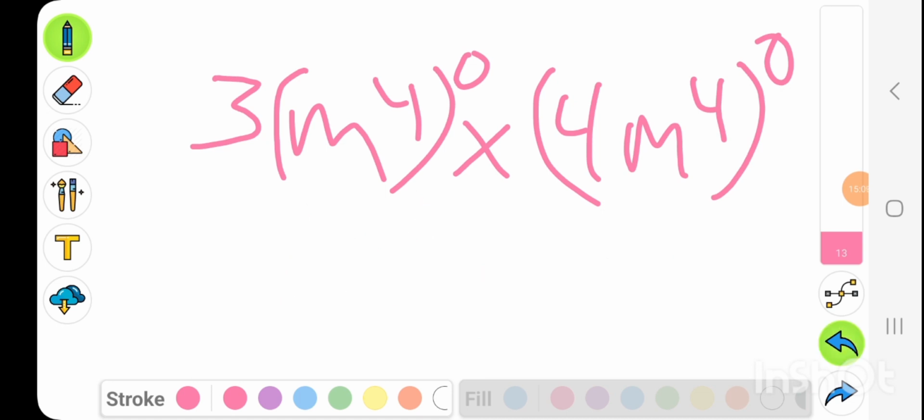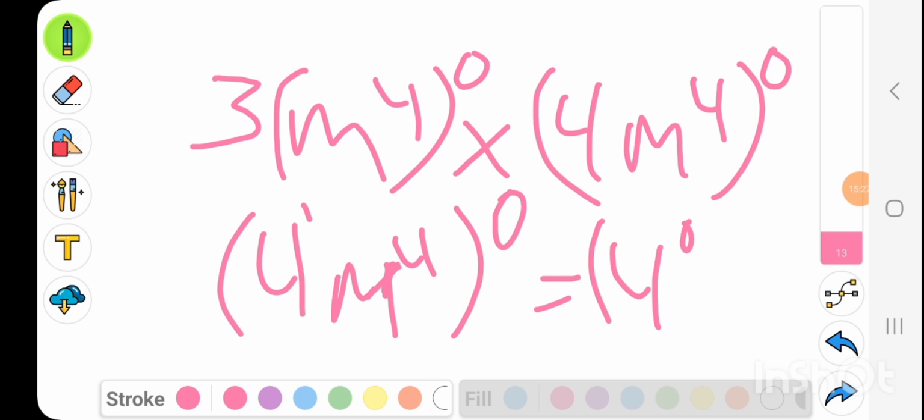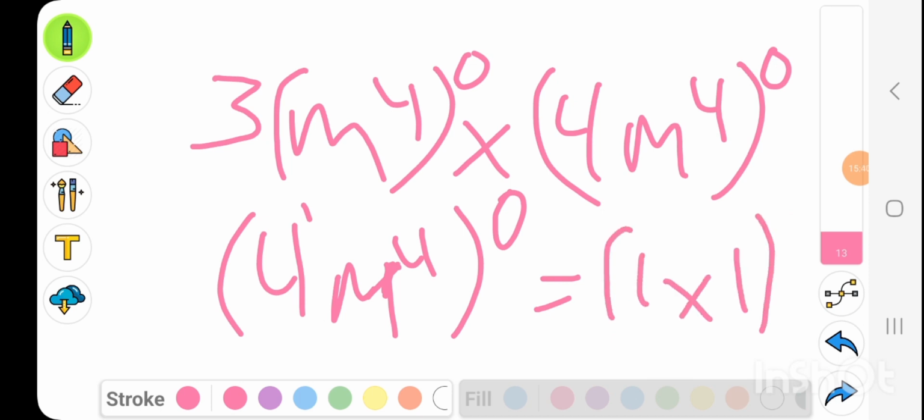Let's do the second one. That's also to the power of 0. So 4m to the power of 4, all to the power of 0. 4 times 0 is 0, and 0 times 1 is 0.